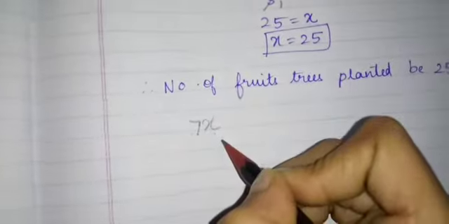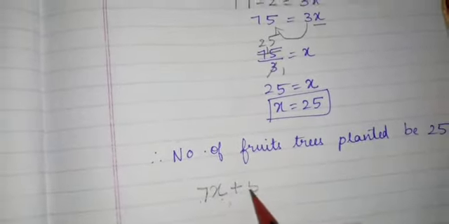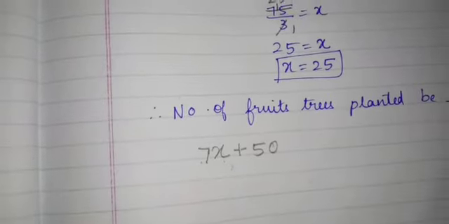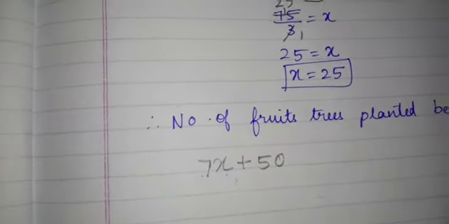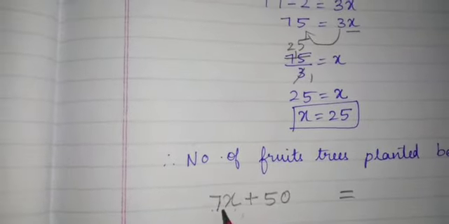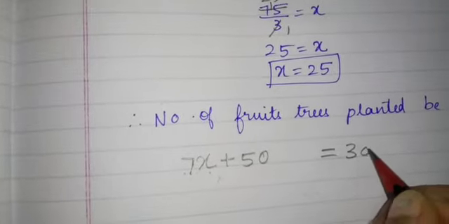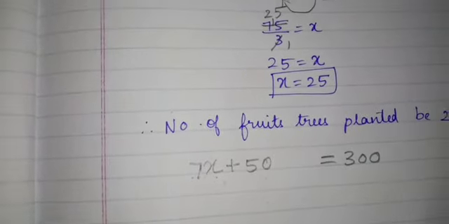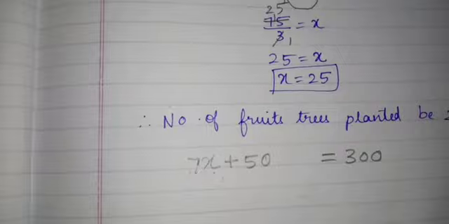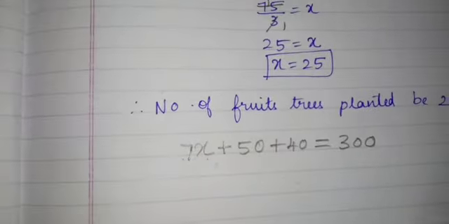Suppose 7x. And add 50. Okay, to reach a triple century. So what should I get? If I add these two, I should get a triple century. Triple century means what? 300. You still need 40, which means you should still add 40.